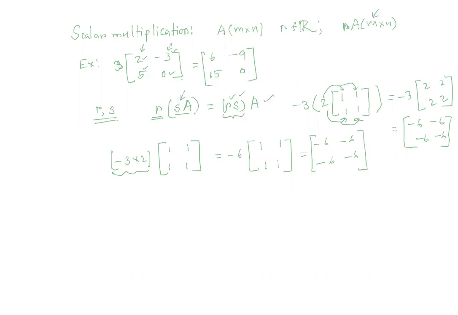Both of these are the same. So it really doesn't matter. You can reorder the thing. You don't have to do R and S, you could do S and R, because real numbers are commutative. And the associative property does seem to work here too.